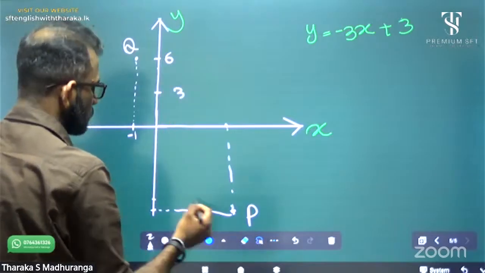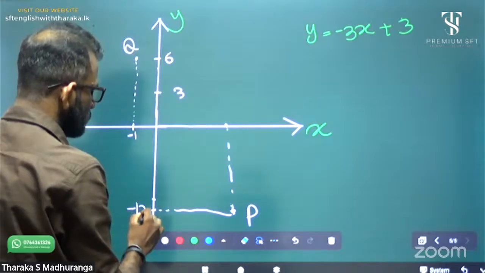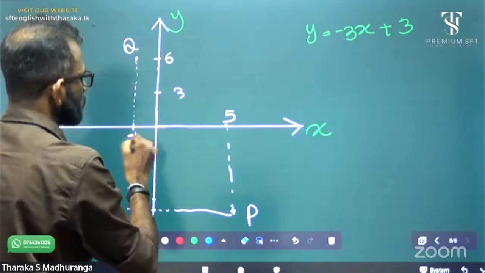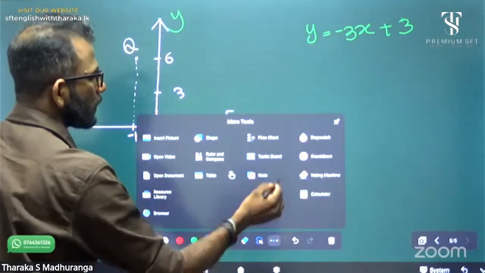Now you can draw. Minus 1, 6 and 5, minus 12. Okay, this is the straight line.